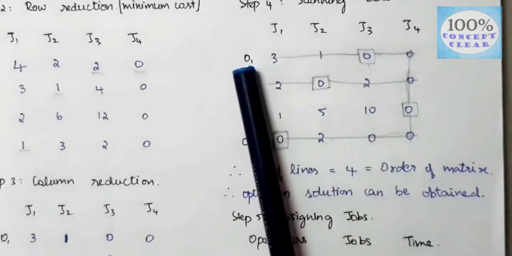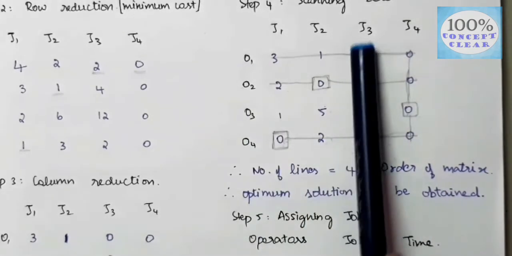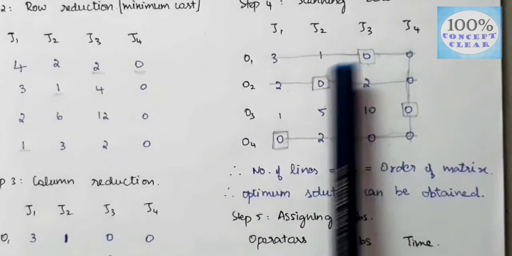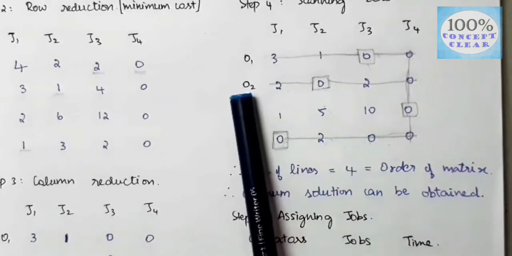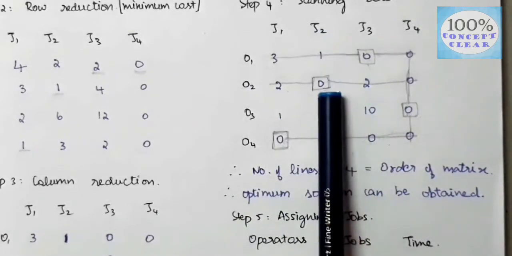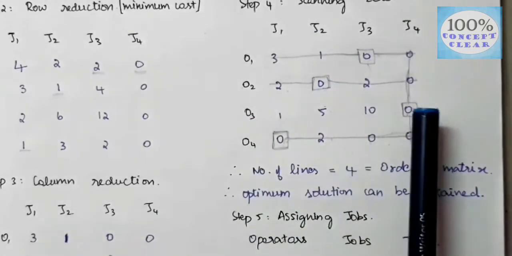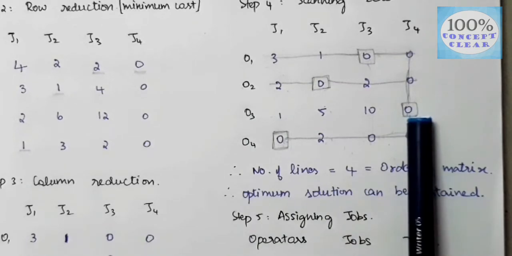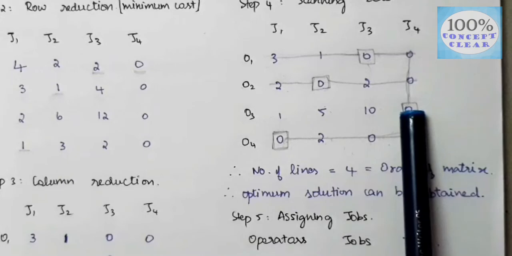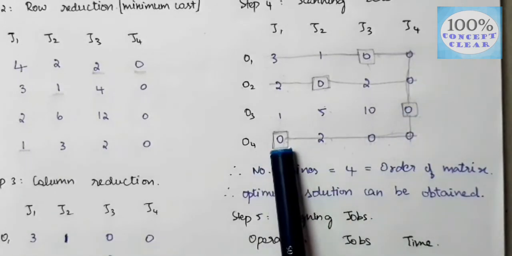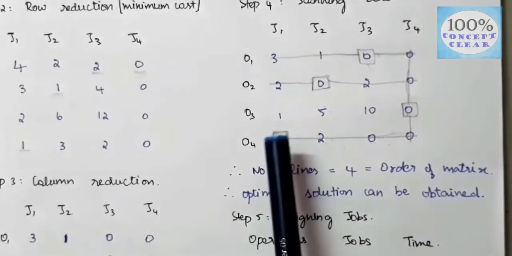That means that operator 1 is assigned with job 3. In second row we have marked this 0. That means operator 2 is assigned with job 2. And in third row we have marked this 0, which means that operator 3 is assigned with job 4. And in this row we have marked this 0, which means operator 4 is assigned with job 1.